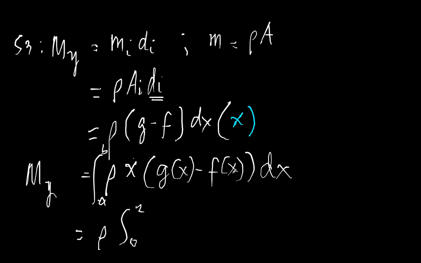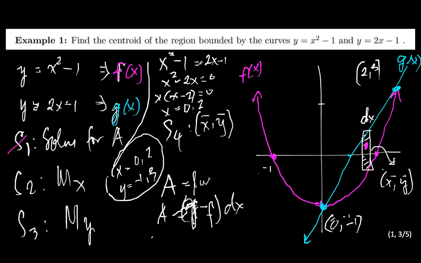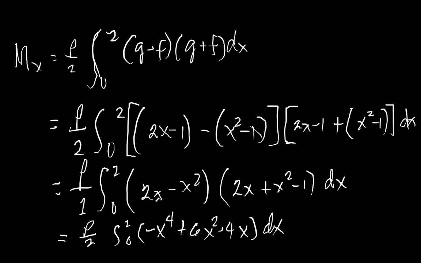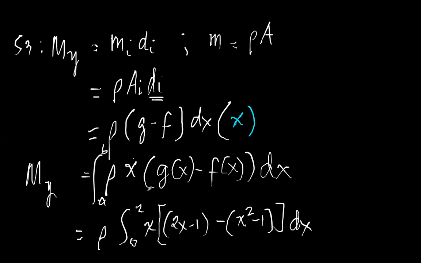All right, so x, and our g of x is the line, right? That's 2x minus 1, if I'm not mistaken. Yeah, 2x minus 1. And our f of x is x squared minus 1, if I'm not mistaken, with respect to x. Okay, so we are now ready to integrate this.